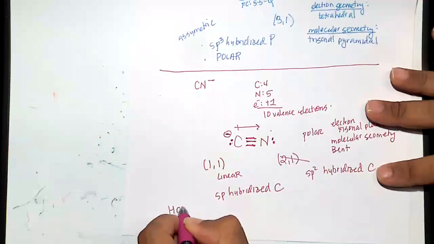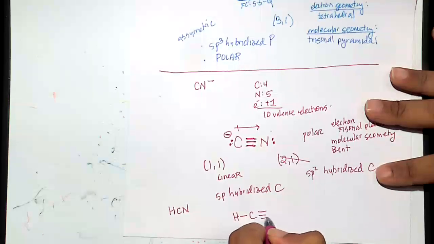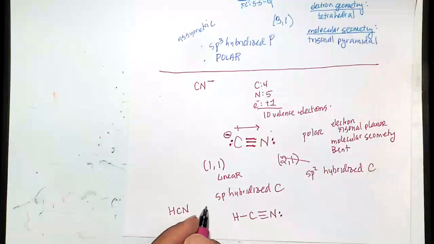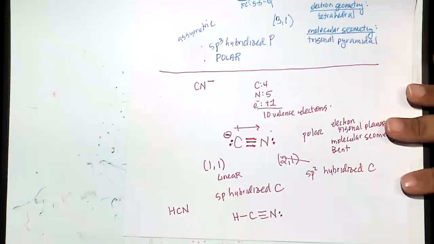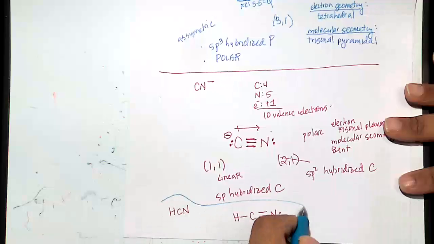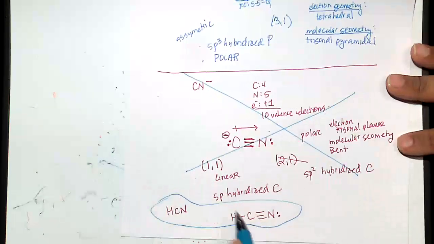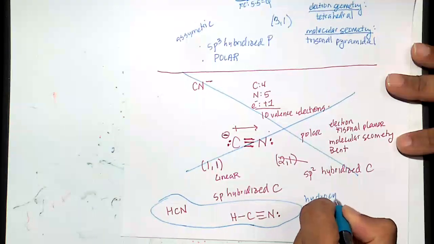Okay, what if we do HCN? This is actually linear without the lone pair. That'd be hydrocyanic acid. Well, anyways, we'll not worry about this. For those of you here in class or watching for the test review, we'll just worry about hydrocyanic acid.